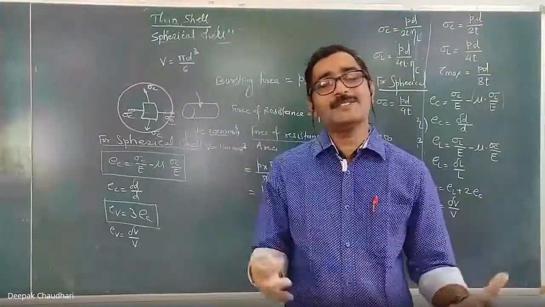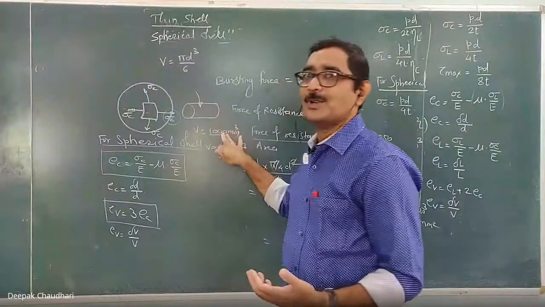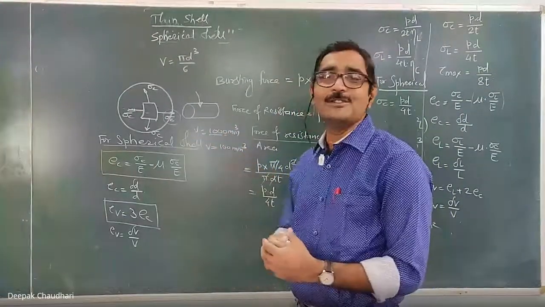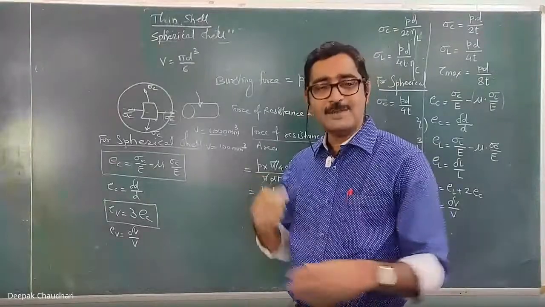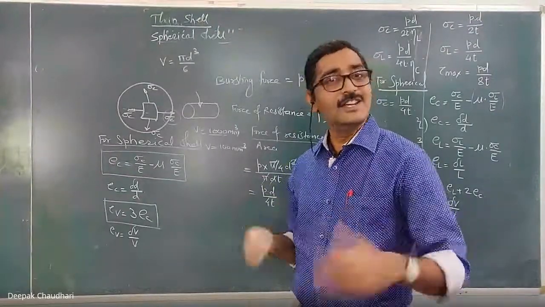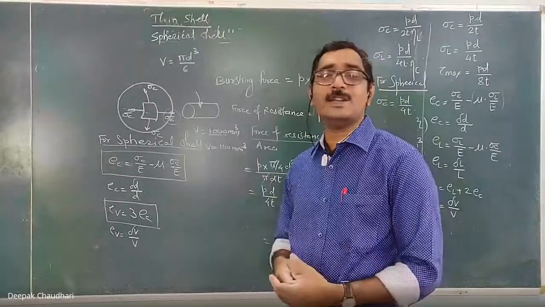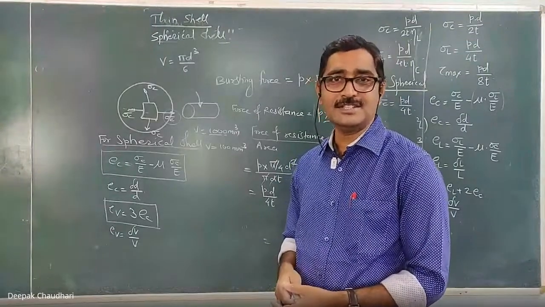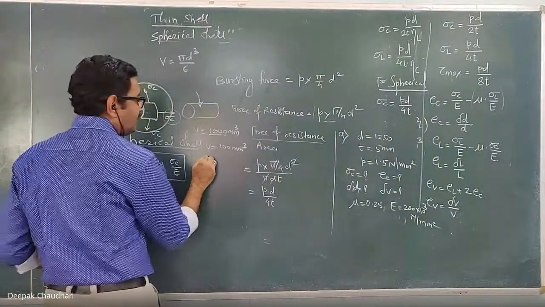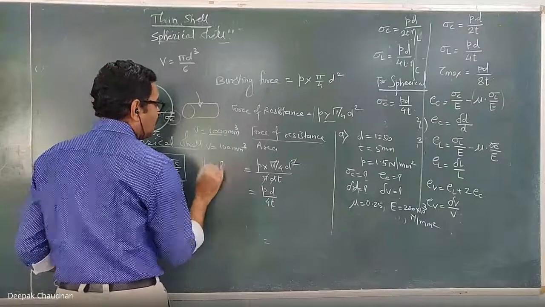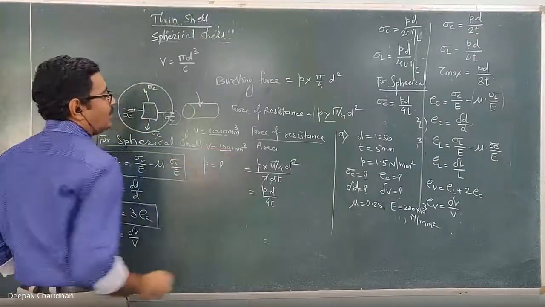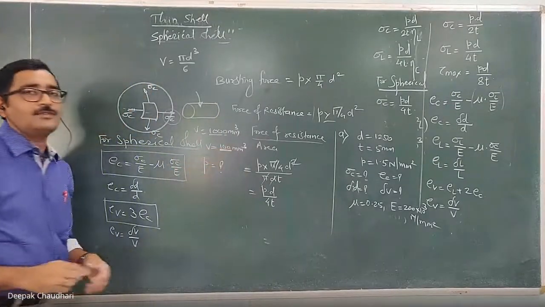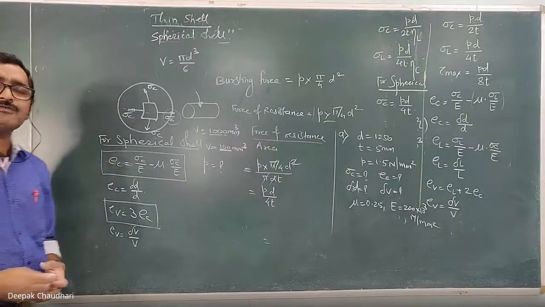Beyond its capacity at atmospheric pressure, if I insert more fluid with the help of some external device, the internal pressure will increase. It will be more than atmospheric pressure, isn't it? Then what will be the pressure inside the cylinder after inserting this much volume of the fluid? Such type of question we have to solve.